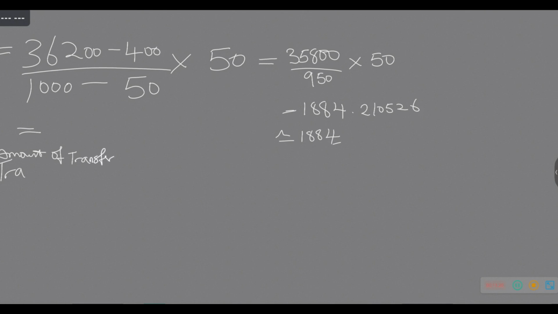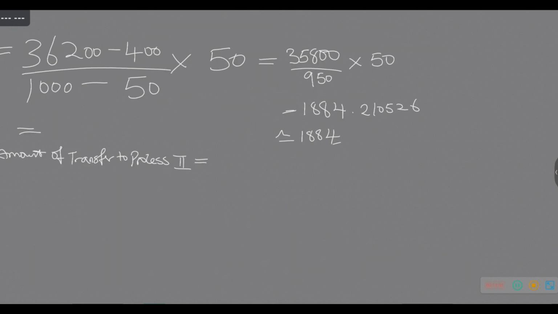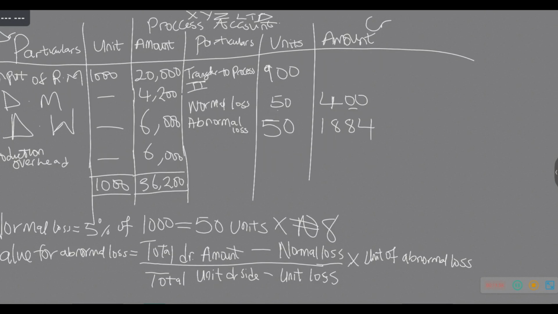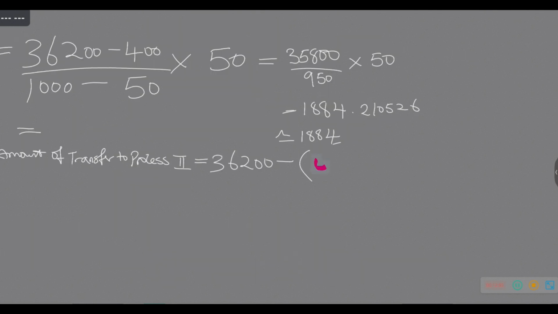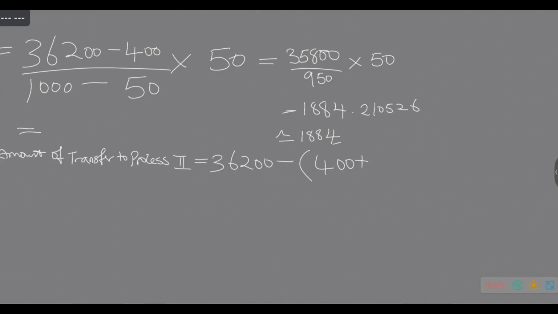Amount of transfer to process 2 is equal to the total amount on the debit side, that's 36,200, minus the normal loss, that's 400, plus 1,884 naira.